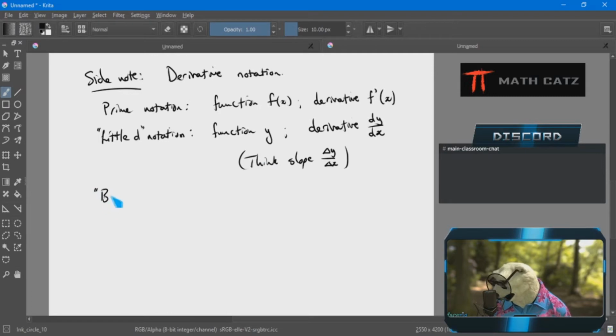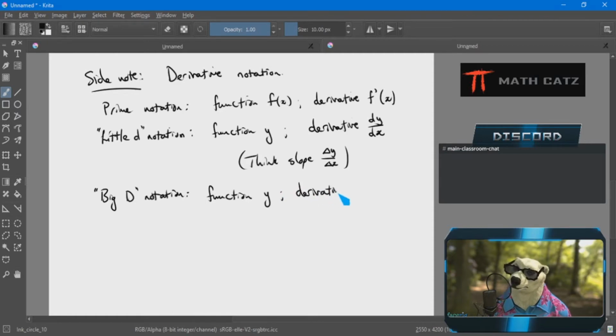And then I will lastly have big D notation, where I have my function. Let's call it y. And then I'm going to name the derivative. Of course, we're doing the exact same thing. It's just sometimes certain names are a little bit more convenient to illustrate properties.